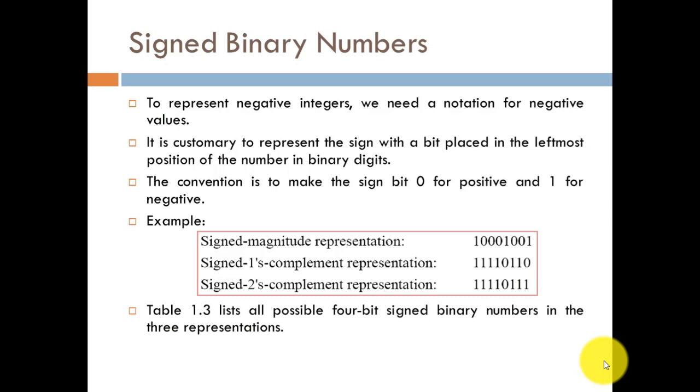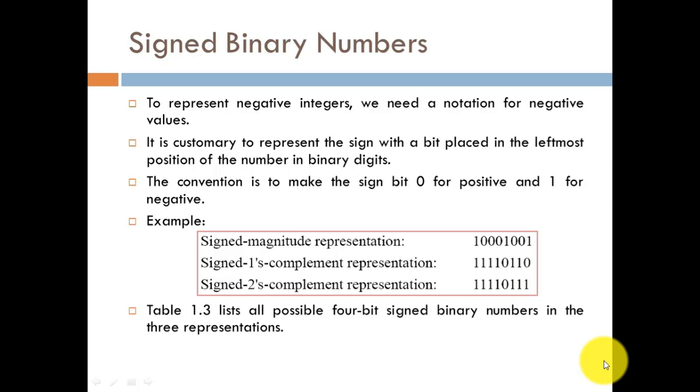So it is customary to represent the sign with a bit placed in the leftmost position of the binary digits. We assign the leftmost digit, or the MSB position, to be reserved for giving sign information, whether it is a positive number or a negative number.